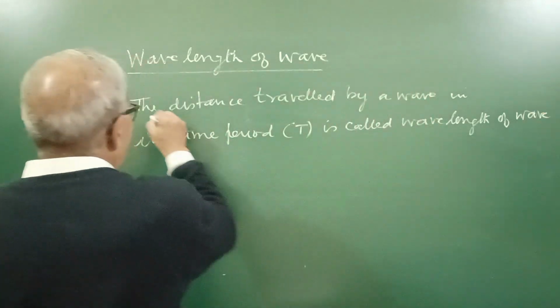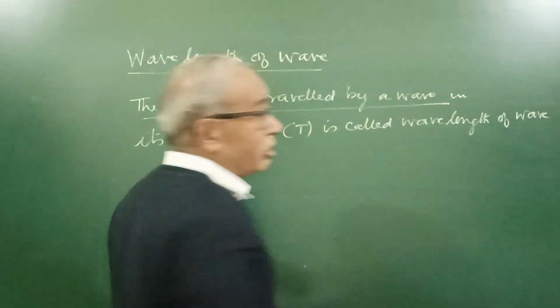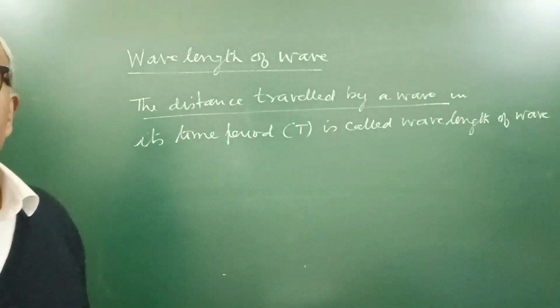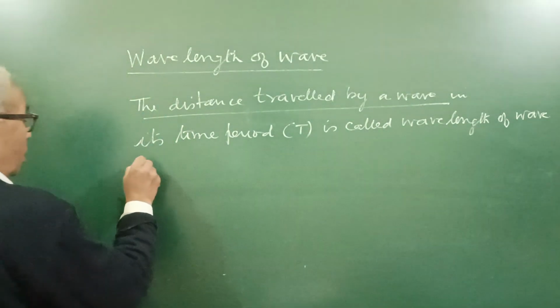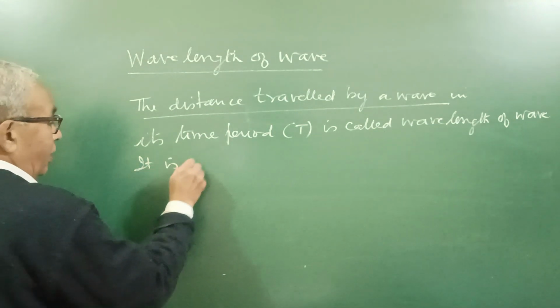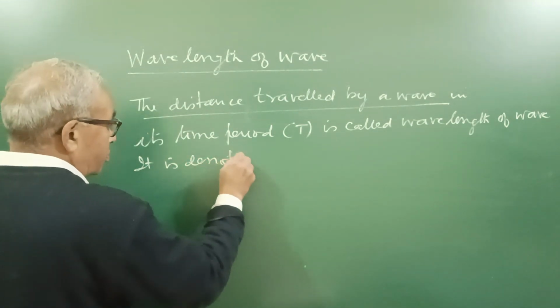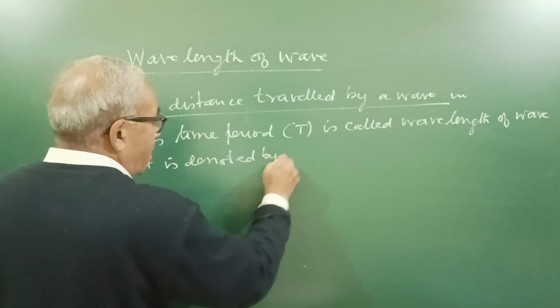Please adhere to this definition: distance traveled by a wave in its time period is called wavelength. It is denoted by lambda.